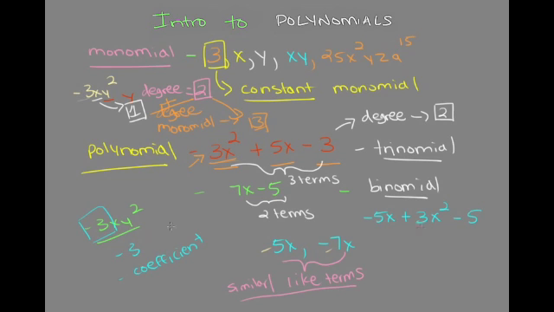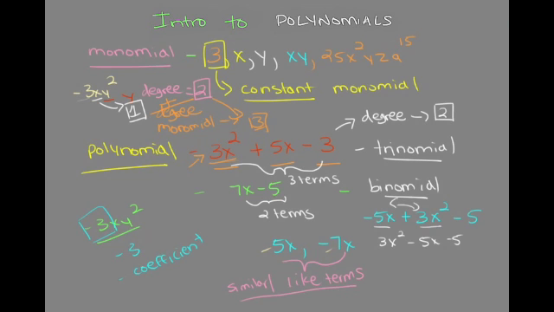So the first thing we want to do here is arrange it in descending order of degree. Since this has a degree of 2 and this has a degree of 1, we should switch these so that the highest degree is on the left, and this one would be in the middle because it has a degree of 1. So it would be 3x squared minus 5x minus 5.